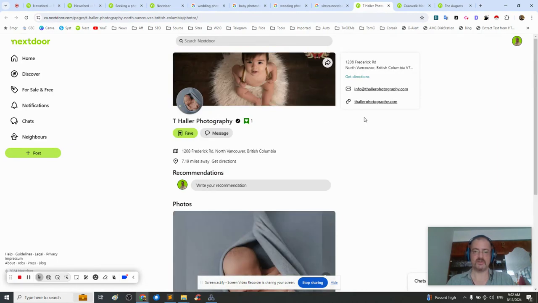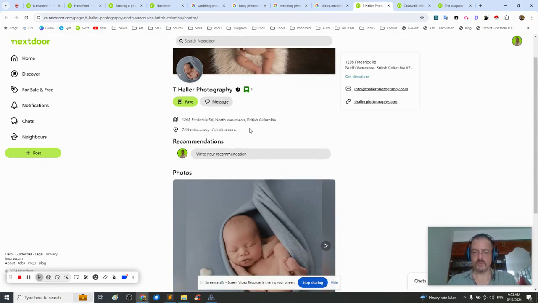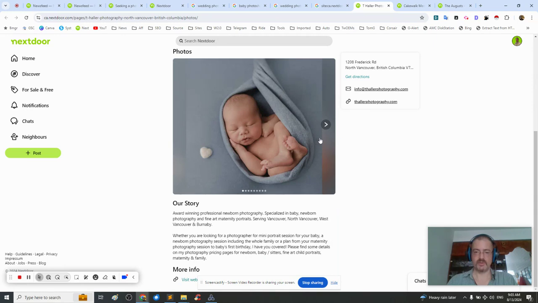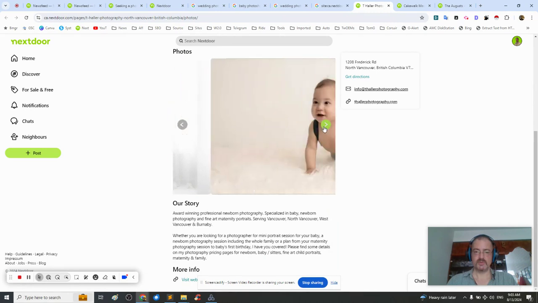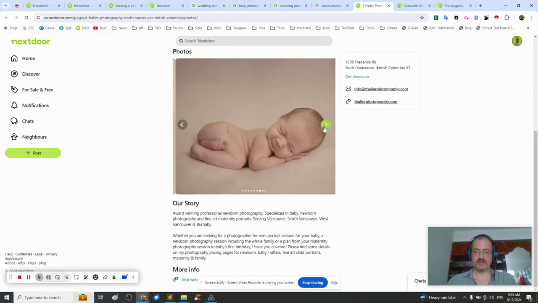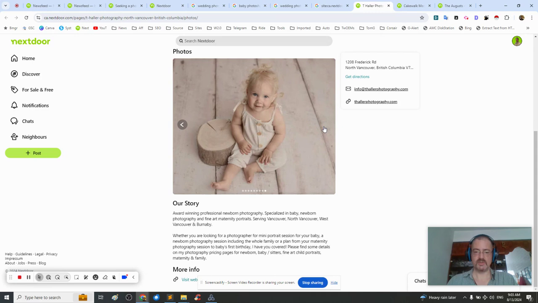We see here, for example, T. Haler Photography has a very nice picture, a baby picture here. I would have shown my face here so people would identify who is the owner of this small business. And we have here all the pictures required to showcase the excellent work that person is doing.